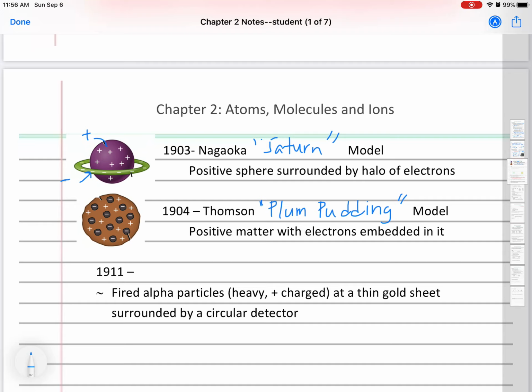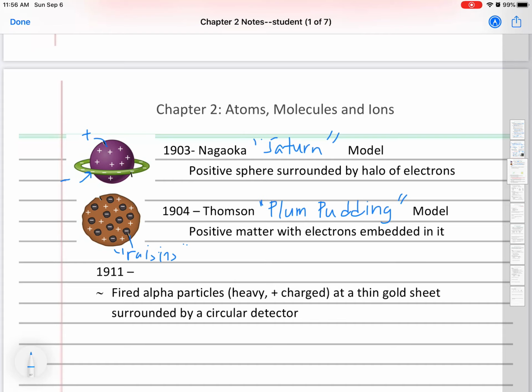Basically, his concept was that the electrons were the raisins, the particles, embedded within this mesh of positive charge, which is the oatmeal or pudding part.